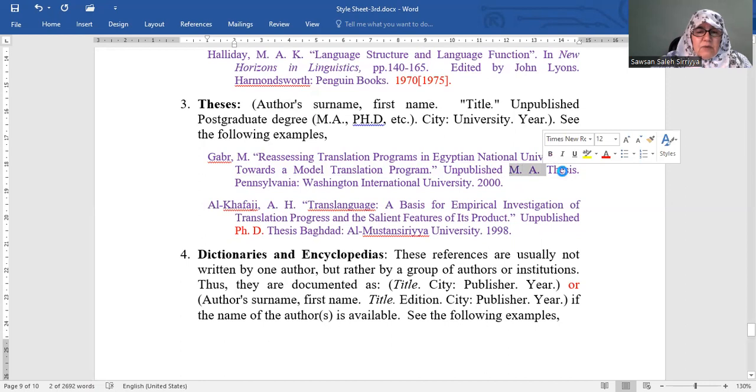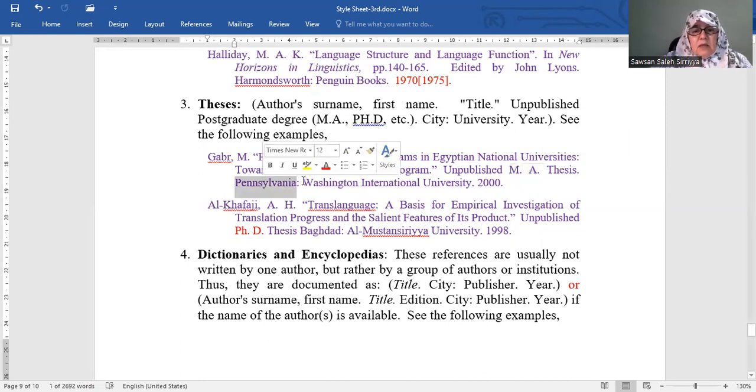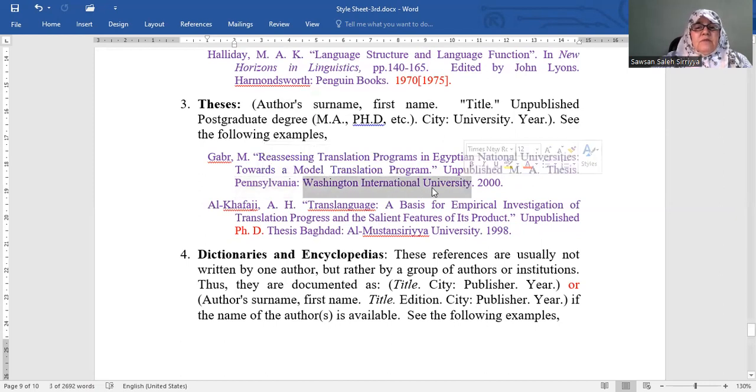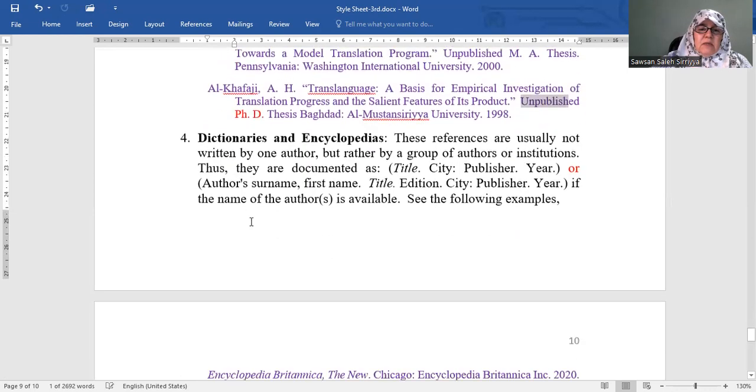Then I write the word thesis, Pennsylvania. This is the city. And then Washington International University. The university, and then the year. Al-Khafaji, trans language, a basic, etc. You see, unpublished PhD thesis, Baghdad, Al-Mustansiriya University, 1998.